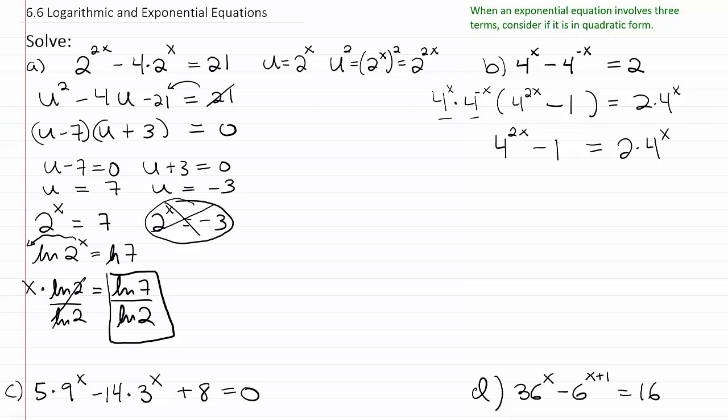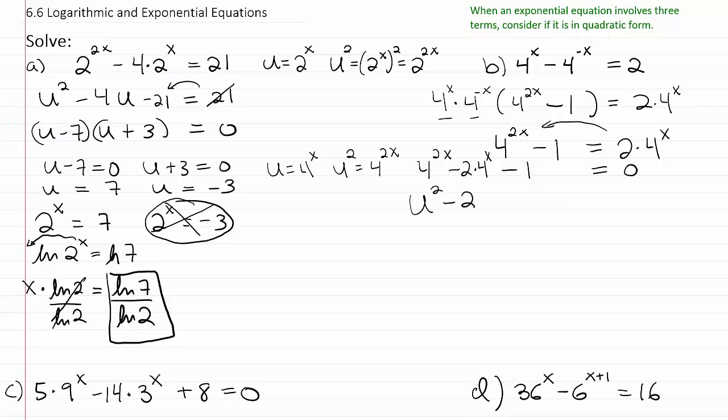Now from here, if I were to bring this piece over, we have an equation that's in quadratic form, because I'll end up having 4 to the 2x power minus 2 times 4 to the x power minus 1 is equal to 0. And then if I use that u substitution idea, if I say u is equal to 4 to the x, and therefore u squared is equal to 4 to the 2x, I can substitute in here saying that u squared minus 2u minus 1 is equal to 0.